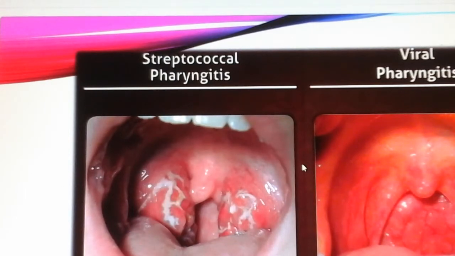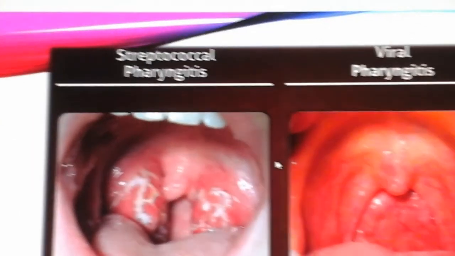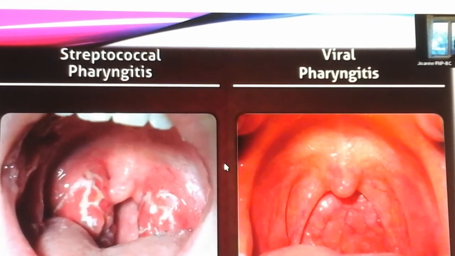They'll test positive for Epstein-Barr virus, and you are just going to treat them by the symptoms, right? Are you going to give them an antibiotic? No, you will not give them an antibiotic. You should not be prescribing amoxicillin or anything like that to those patients, because 90% of the time, they are going to come back with a rash, okay? So just supportive treatment.